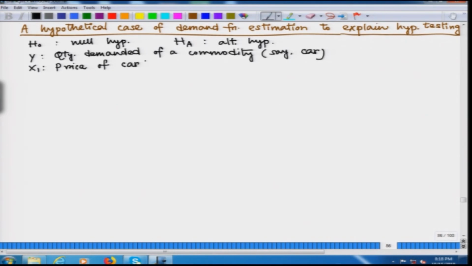Then x2 could be the income level in the society, and x3 could be the price of fuel.